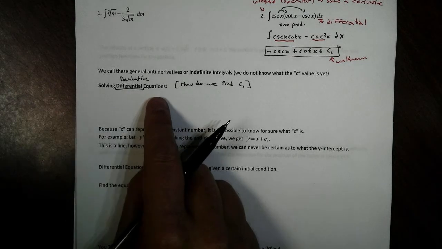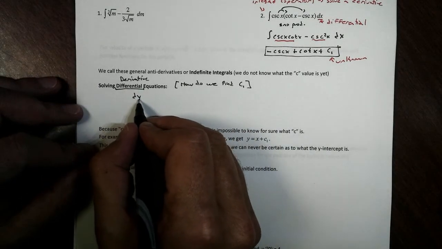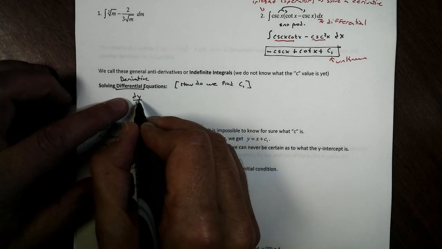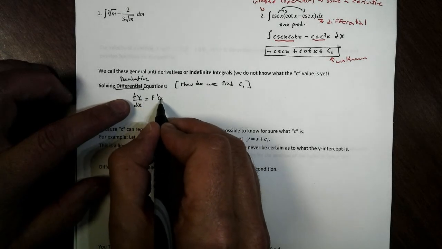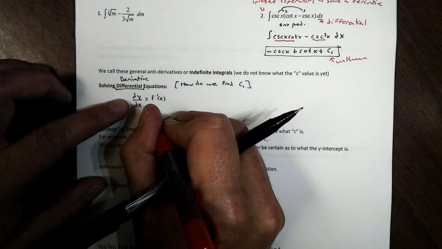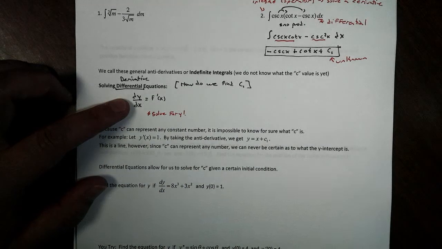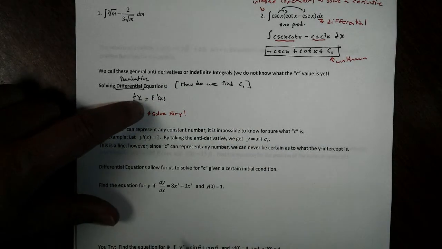To solve a differential equation, well, remember we saw an example like this yesterday. A derivative equation or differential equation is something that says the derivative is equal to the slope of a function. And our ultimate goal here is to solve for y. So like in Algebra 1, if I want to get y by itself, I have to isolate it.